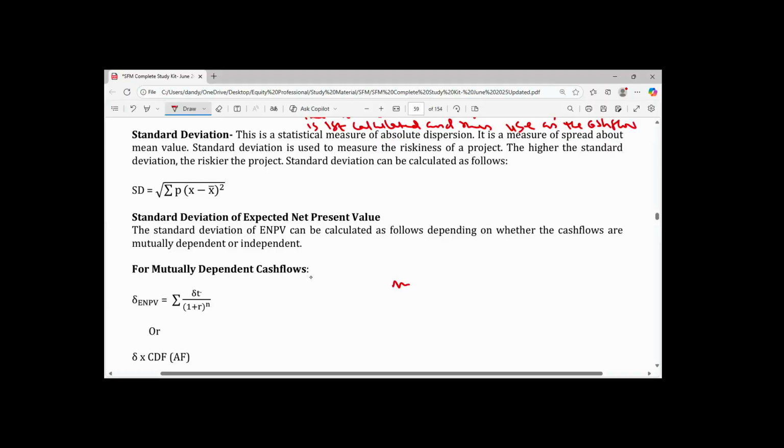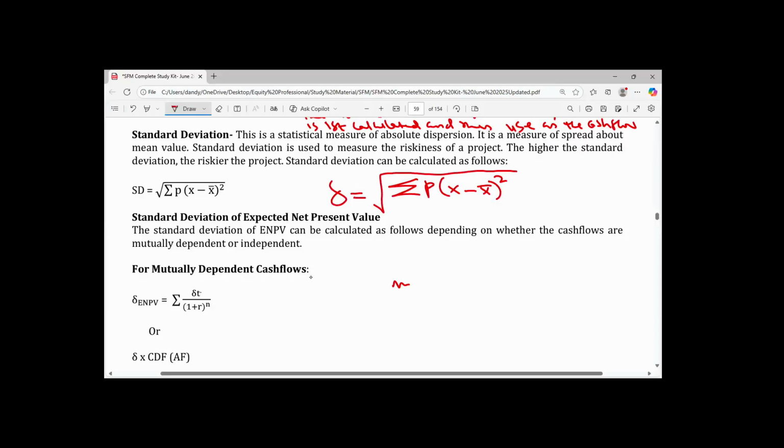To calculate variance, it is the summation of probability times (x minus x bar) squared. To get standard deviation, you just find the square root of the variance. That is the formula for standard deviation.